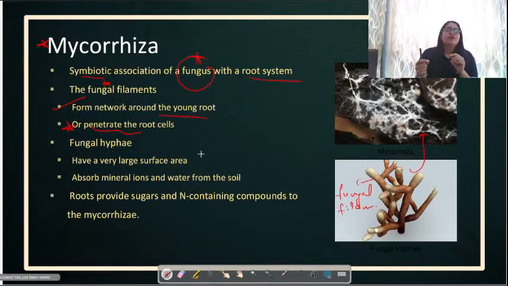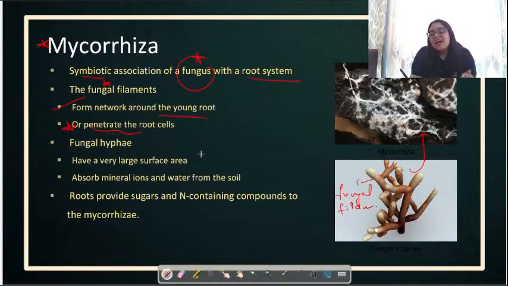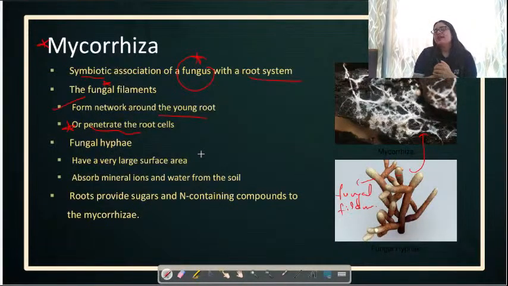Either the fungal filament will enter the cells of the epidermis of the roots, or instead of entering, they will just form a network around the root hair. This depends upon whether the mycorrhiza is endomycorrhiza or ectomycorrhiza. So depending upon the type of mycorrhiza, this variation will come. But what you need to understand is that the fungal filaments will form a network either around or inside the roots of the higher plants.